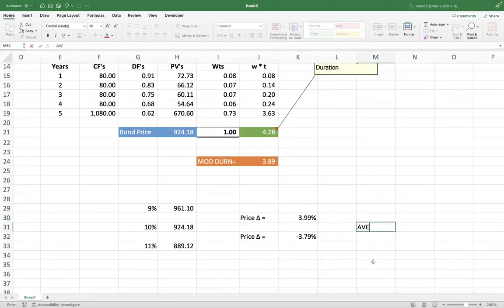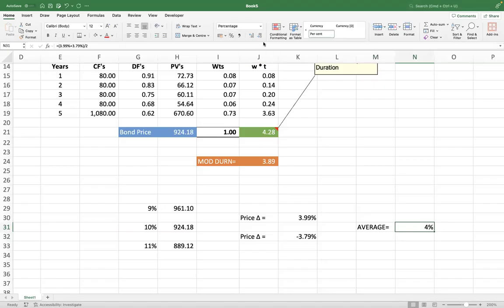You take the average of this, the average of absolute values, mind you. What is the average of absolute values? 3.99% plus 3.79% divided by 2. And tell me what you get. 3.89%, which closely matches your modified duration estimate.